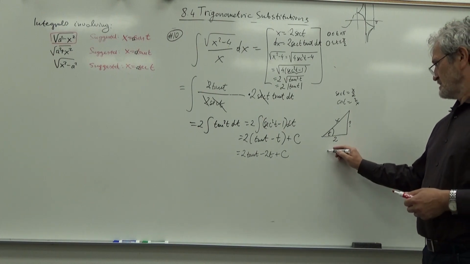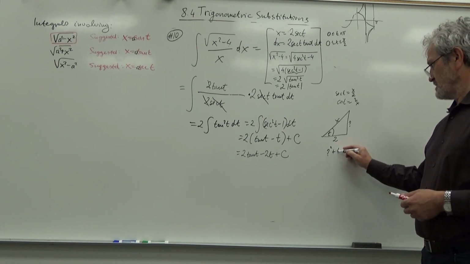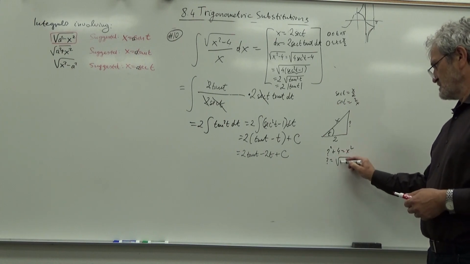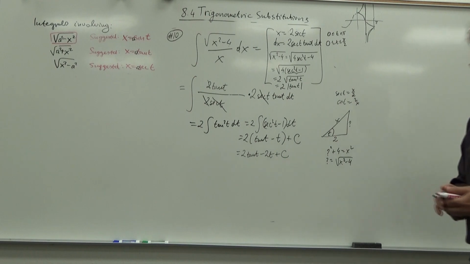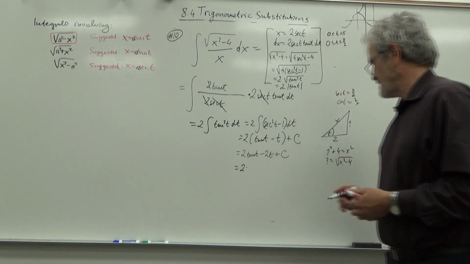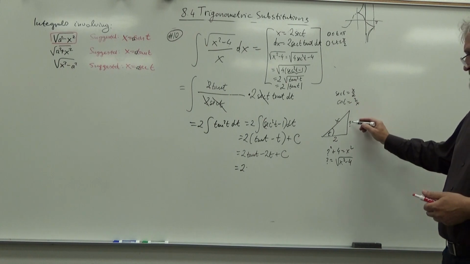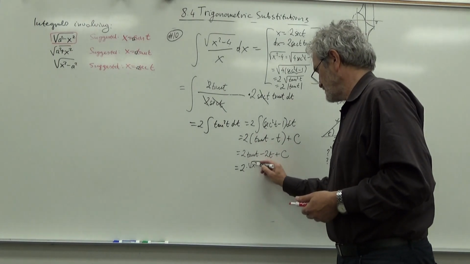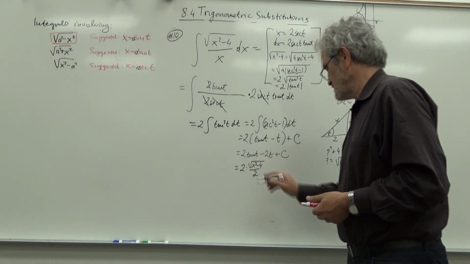So I have question mark squared plus 4 equals x squared, so question mark is the square root of x squared minus 4. And then tan t, which is opposite over adjacent, is question mark over 2, so the square root of x squared minus 4 over 2.